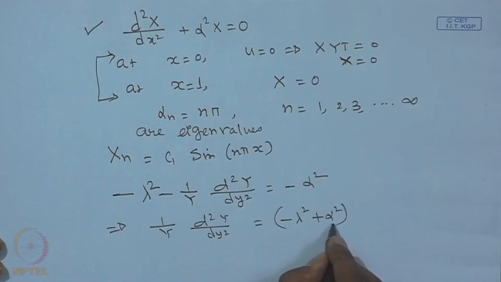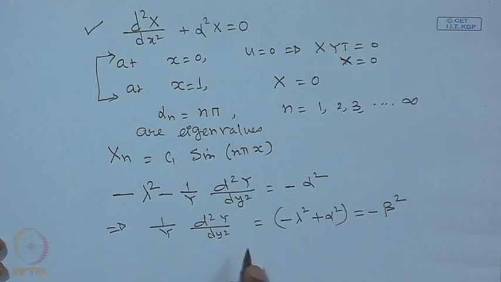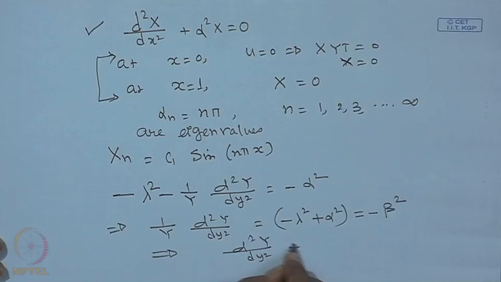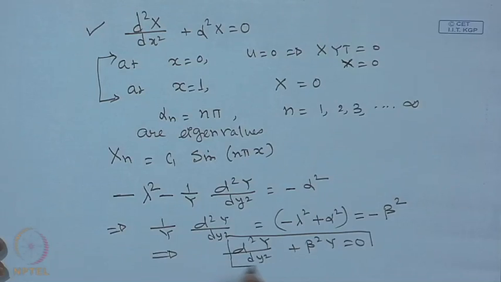This is a constant, and this constant has to be a negative constant, otherwise you will be landing up with a trivial solution. So, this must be equal to minus beta square. Therefore, we get the governing equation of y as d square Y dy square plus beta square Y must be equal to 0. So, you obtain the governing equation of the y varying part.